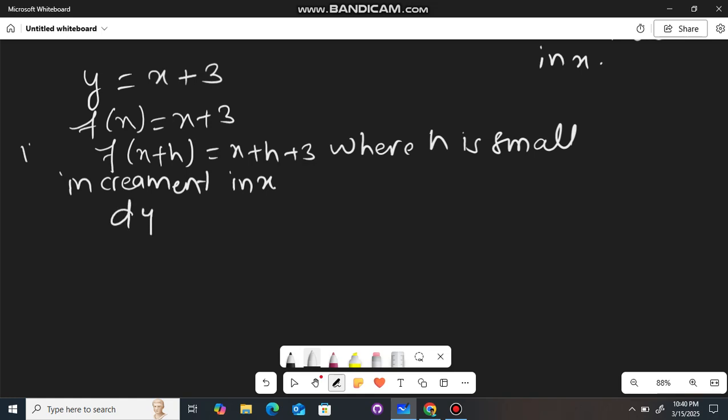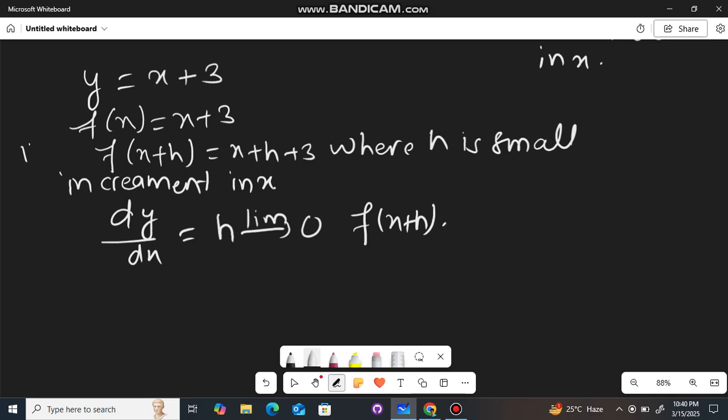So if we try to calculate dy by dx, then in that scenario the increment h should tend to limit 0. Let me make it more clear for you. So increment h tends to limit 0, (f(x plus h) minus f(x)) divided by h.